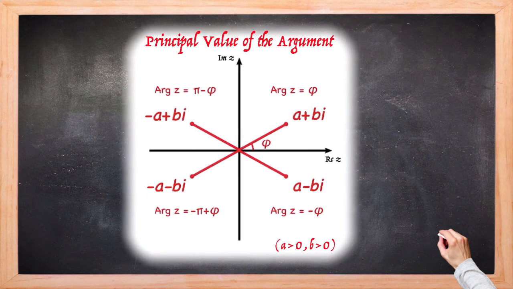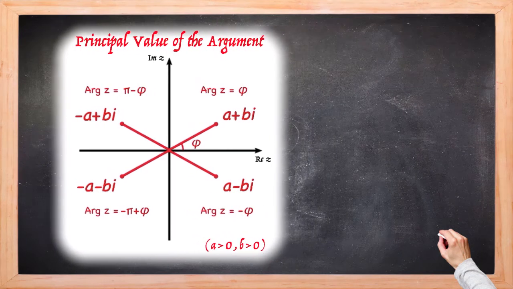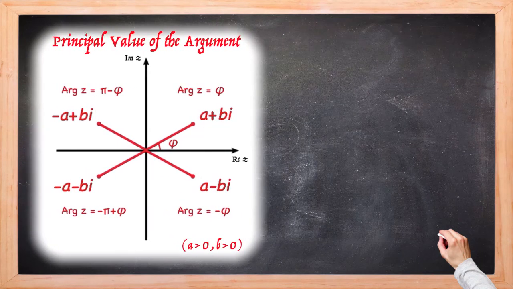So let's focus now on how we calculate the first quadrant angle phi. So there's a right angle triangle in there. It involves phi, it involves the imaginary part and the real part, b and a. Opposite over adjacent, that's the tangent. So the tan of phi is b over a.